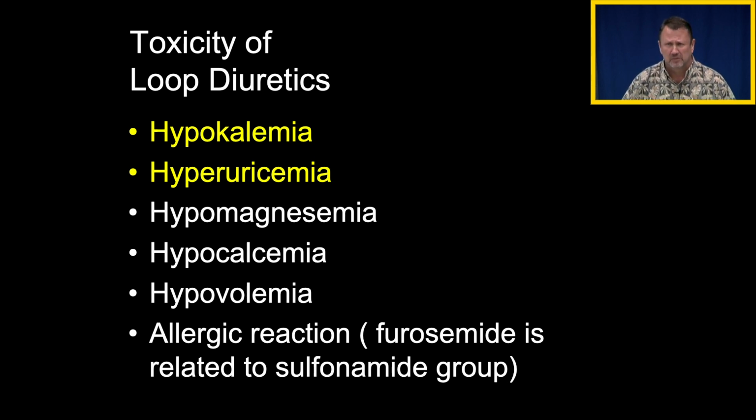If we use too much loop diuretic, then we end up with losing too much volume, and hypovolemia is just low blood volume due to excessive use of loop diuretics. Again, loop diuretics are sulfonamides as well, and so they're at risk for allergic reaction. Especially with people who are allergic to sulfas and sulfonamides.